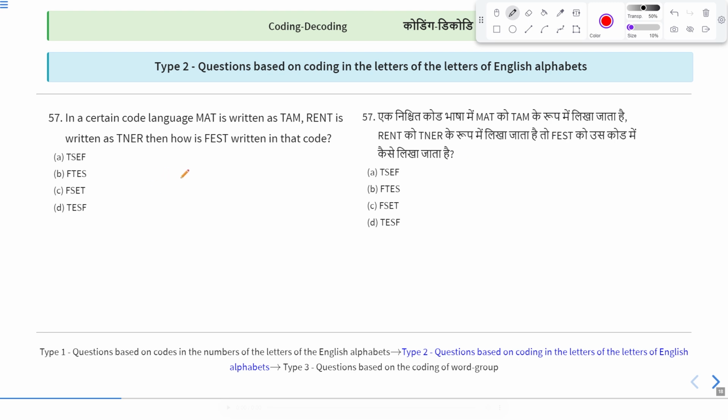Next we have MAT, which becomes TAM. The alphabets have been reversed.